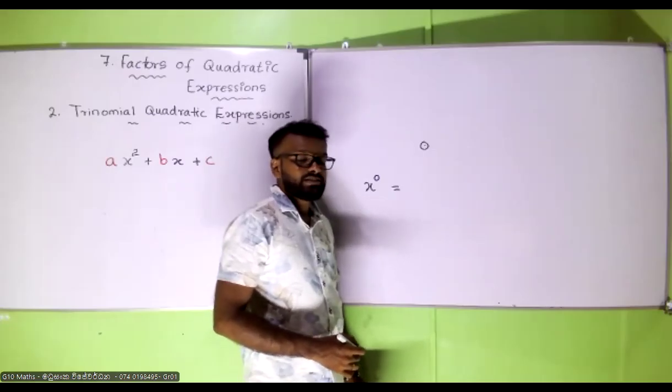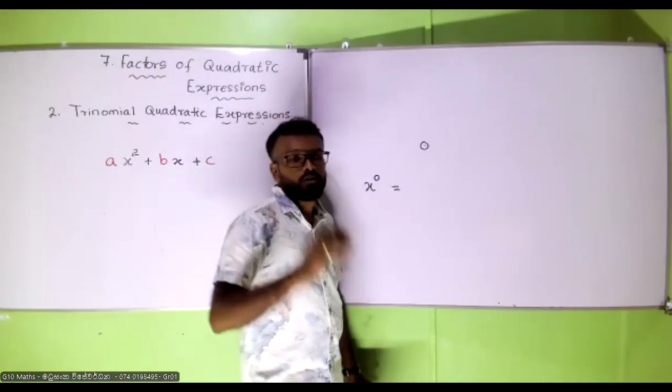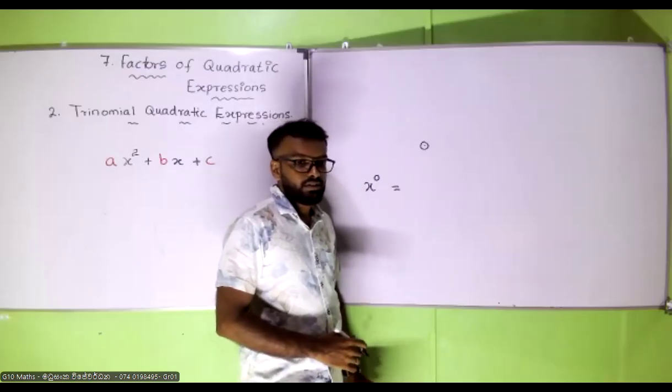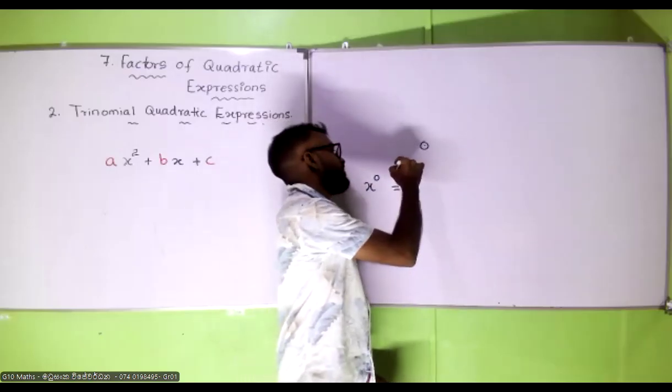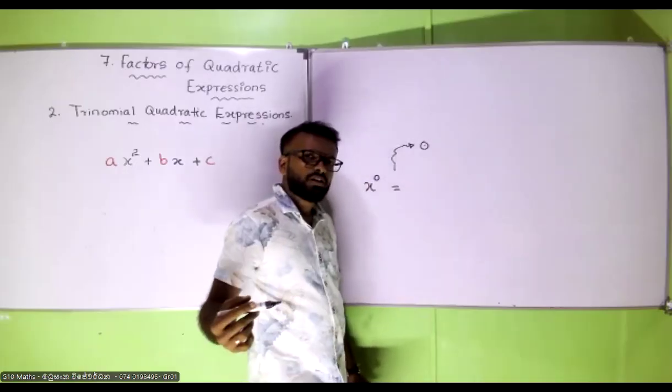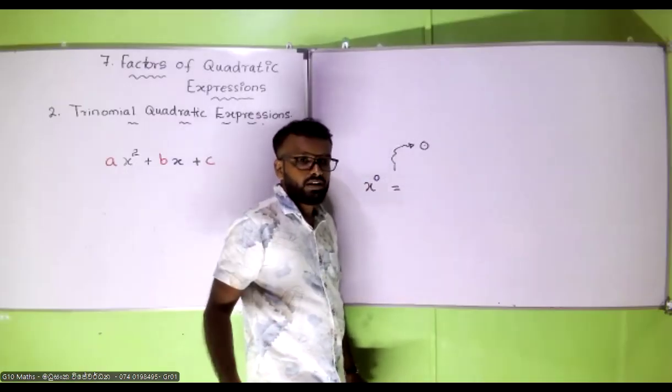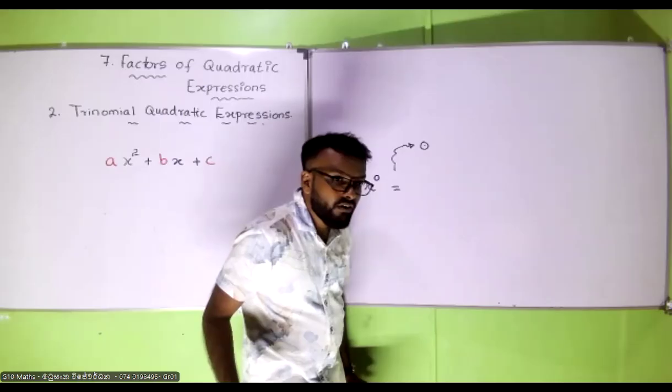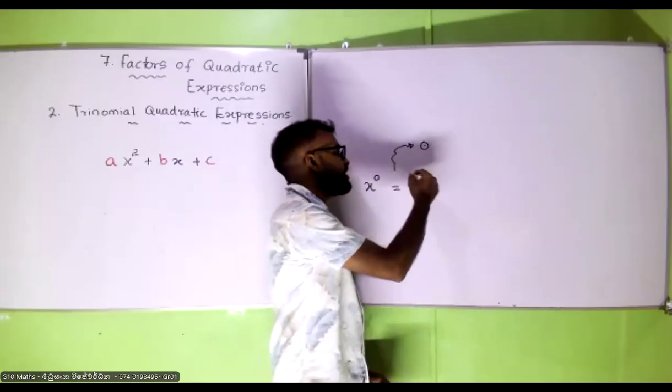Very basic things you need to remember. Very important. Tell me. It's okay to be wrong. There's nothing to be shy about. We are here to learn. 1. Okay, Manojika is saying 1.